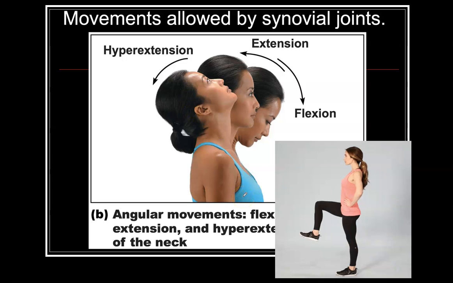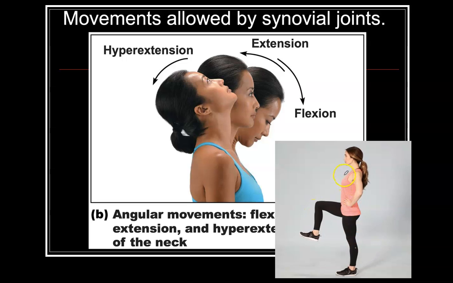So here, for example, this is just showing you flexion and extension. As she decreases the angle between her thigh and her lower leg, remember we use the terms thigh and leg. This is where it's going to be important. As she decreases the angle between her thigh and her leg, that is going to be flexion at the knee.